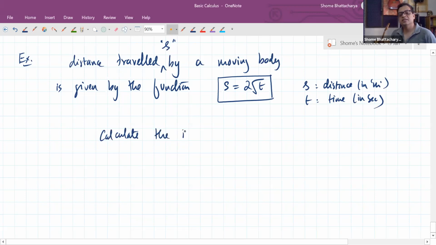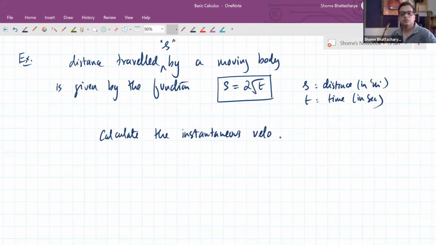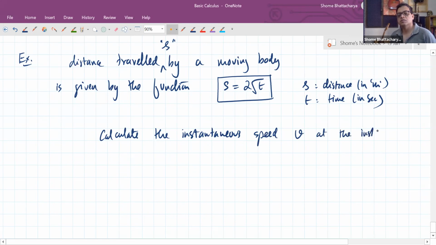So we want to calculate the instantaneous speed. Velocity is a vector quantity, so we'll get to that later. We want to calculate the instantaneous speed v at the instant t equal to 4 seconds.